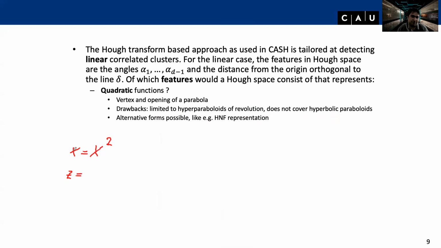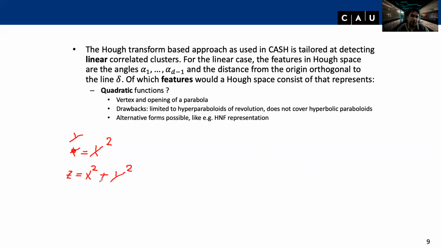It's actually y. I blame the heat because it's quite warm here. So if you go to 3 dimensions, you probably have then x squared plus y squared.